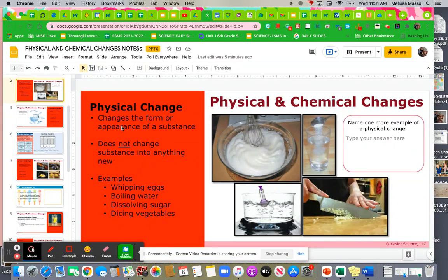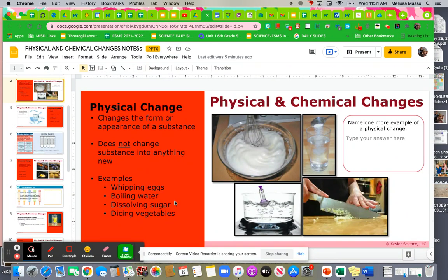So, physical change, we know from talking about the paper when I ripped it in half, that was just changing the appearance. It did not change that paper into a new substance. Some examples of physical changes are whipping eggs, boiling water, dissolving sugar.